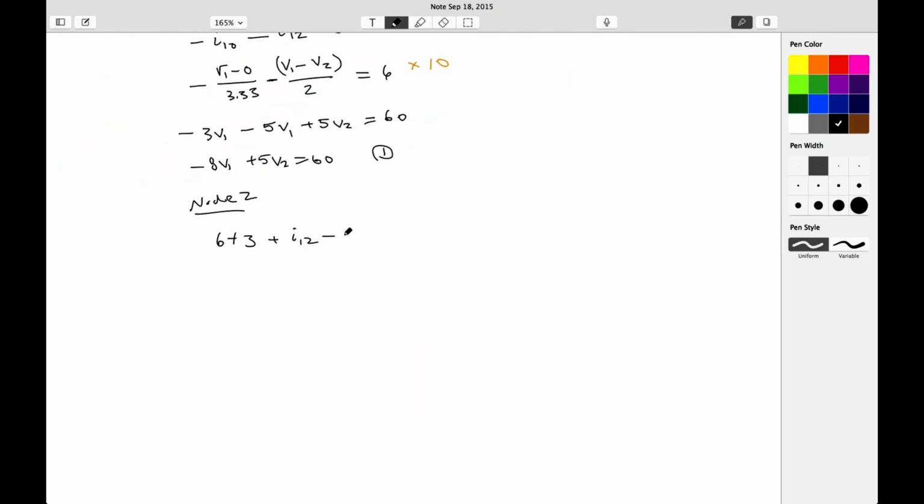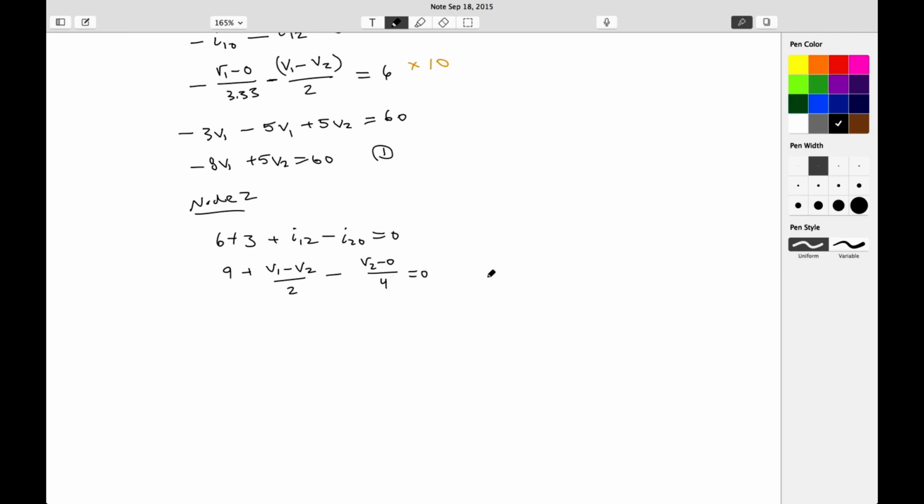So minus I20 is equal to 0. That's KCL. And we can write in terms of the node voltages using Ohm's law. So this is plus V1 minus V2 over 2 ohms minus V2 minus 0 divided by 4 ohms.